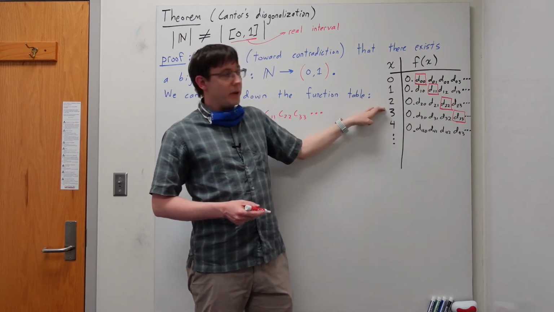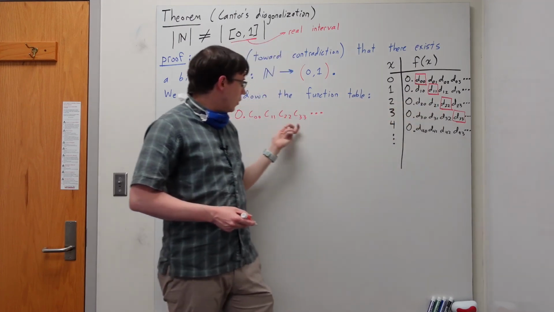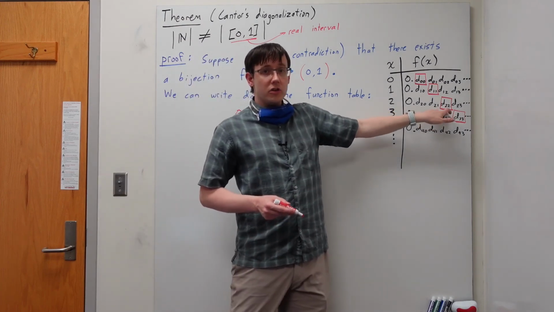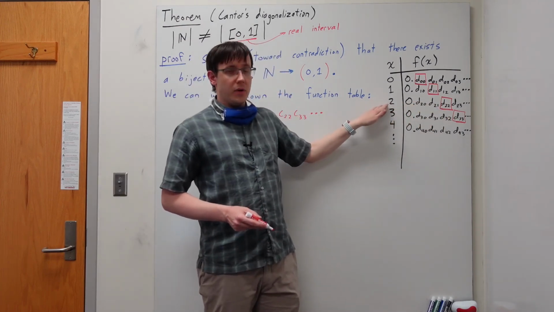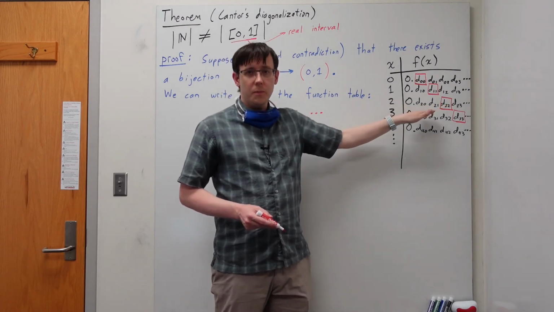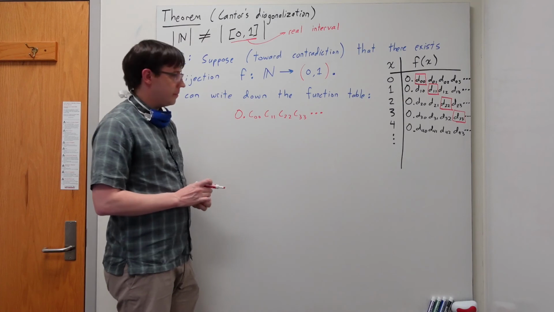And then I could make sure that digit 2 of my number is different from digit 2 of the number that your function maps 2 into, and so on.